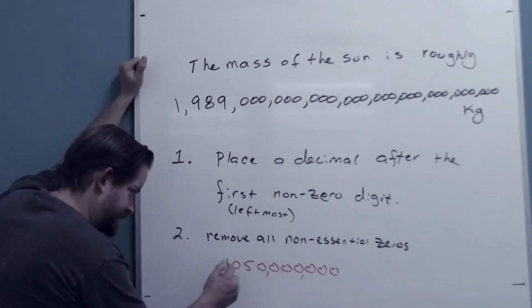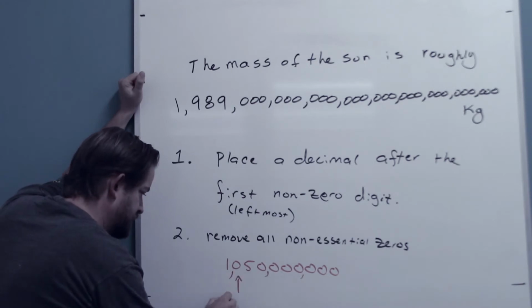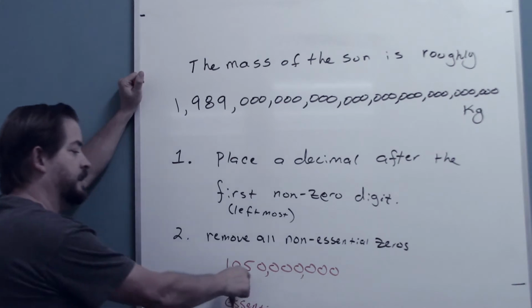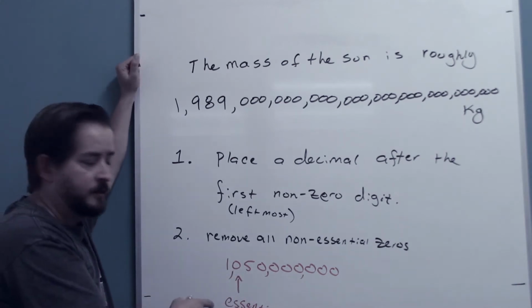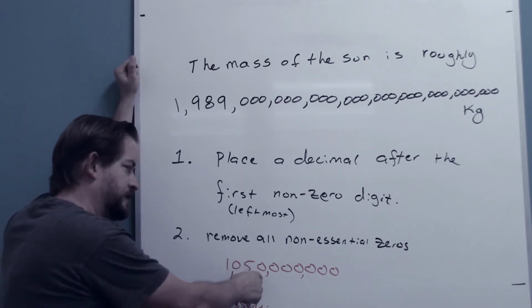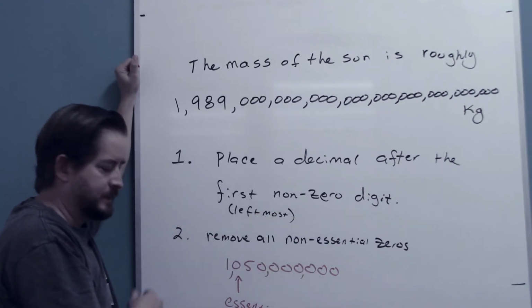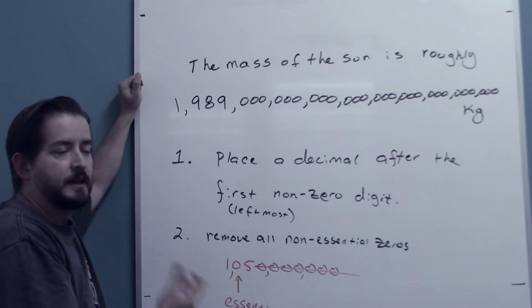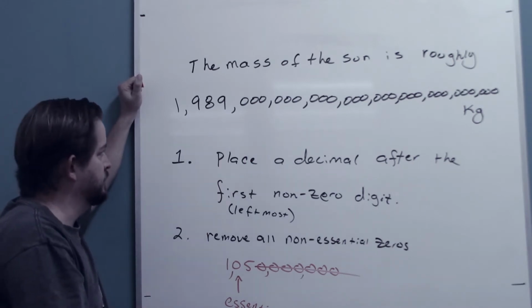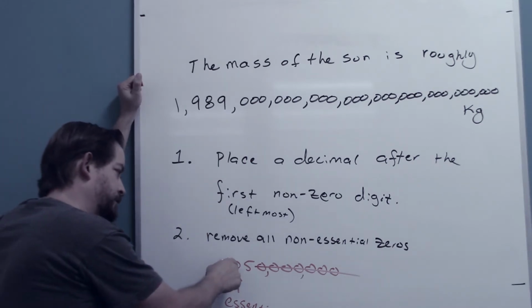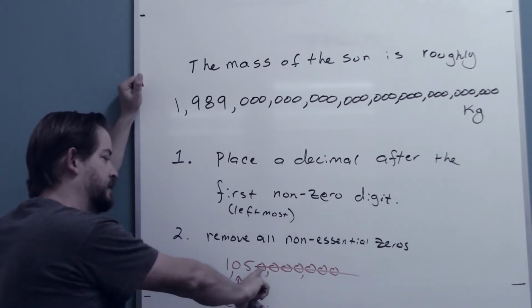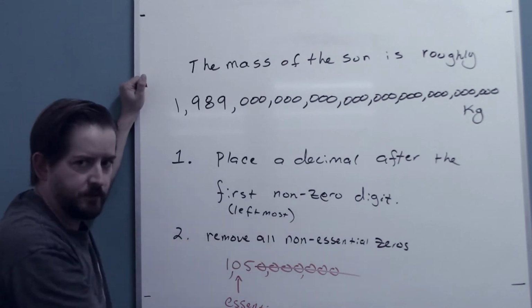This 0 here is essential, because there's another non-zero digit after it. But once you hit this first 0 where everything after it is zeros, these guys are non-essential zeros, and we're going to eliminate them. That way we don't have to write this ridiculously huge number. But again, this 0 here is essential. We want to get rid of the ones that are non-essential, and that's all of these zeros that are just followed by zeros. Right?